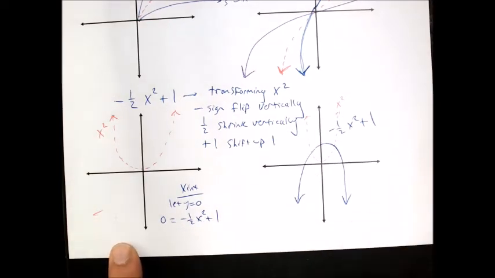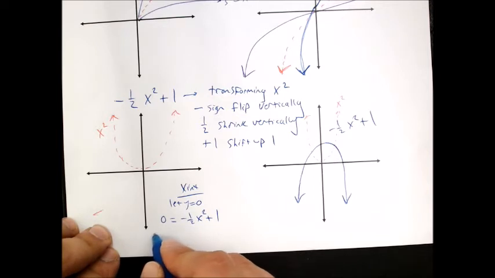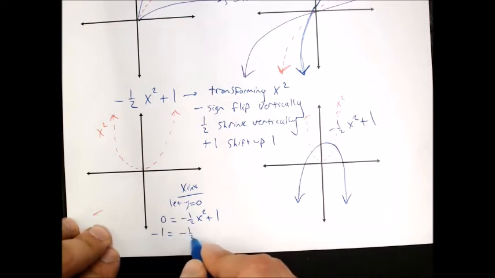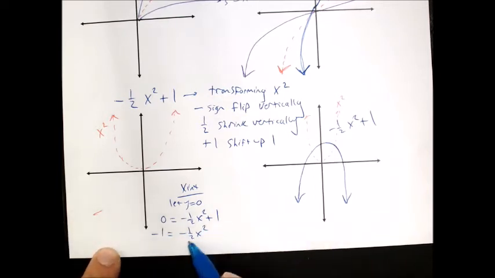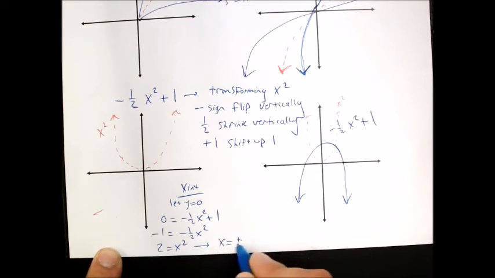And that's something we can solve. You can use the quadratic formula if you really want to, but we don't really need to in this case. We could subtract the 1 and get minus 1/2 x squared. We can multiply by negative 2 and get 2 equals x squared. And that means that x equals plus or minus the square root of 2.